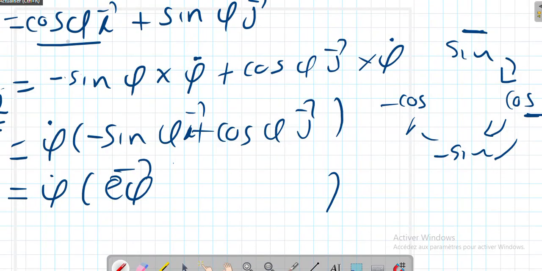We found E phi by differentiating this with respect to phi. You only multiply by phi power because you're differentiating with respect to time. Okay, and phi is a function of time, so you apply the chain rule where you multiply by the derivative of what is inside, which is phi power.